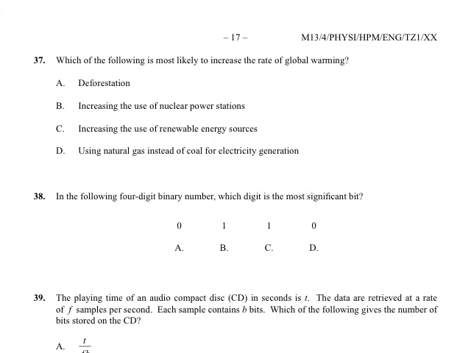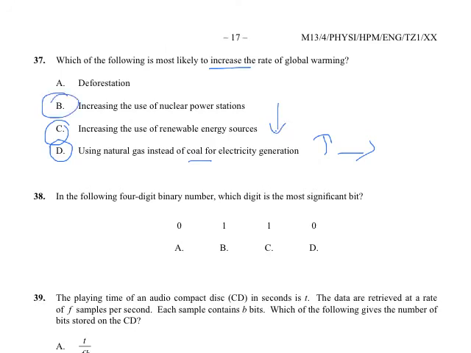Which of the following is more likely to increase the rate of global warming? If we use natural gas instead of coal, well, that's not going to make it better or increase it. It's kind of keeping it the same. If we increase the use of renewable energy sources, we'll reduce the amount of fossil fuels, so we won't increase the rate of global warming, we'll decrease it.